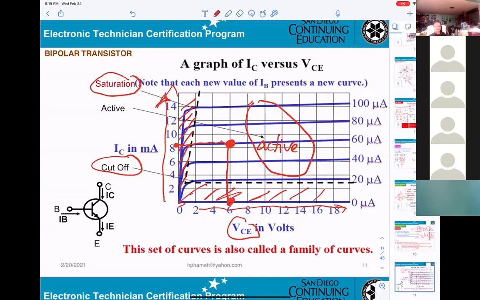That means you can get any point on the graph, and later on you can see they can draw the line, they call it a load line.